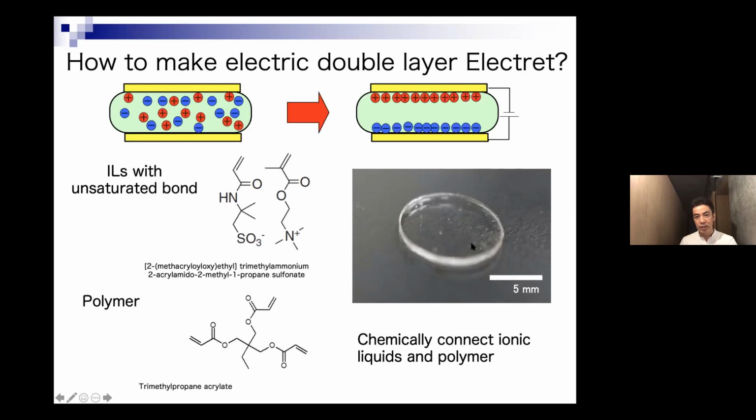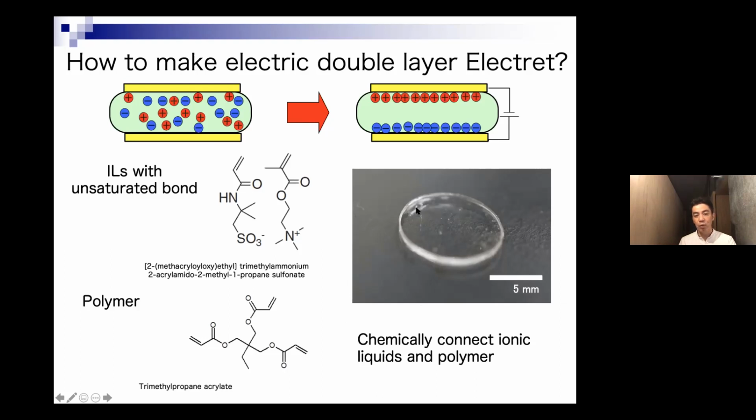And this is an electrode, what we call the electric double layer electrode. This is the polymer, so it is like a soft shell, but the surface is charged positively and negatively, similar to a magnet.